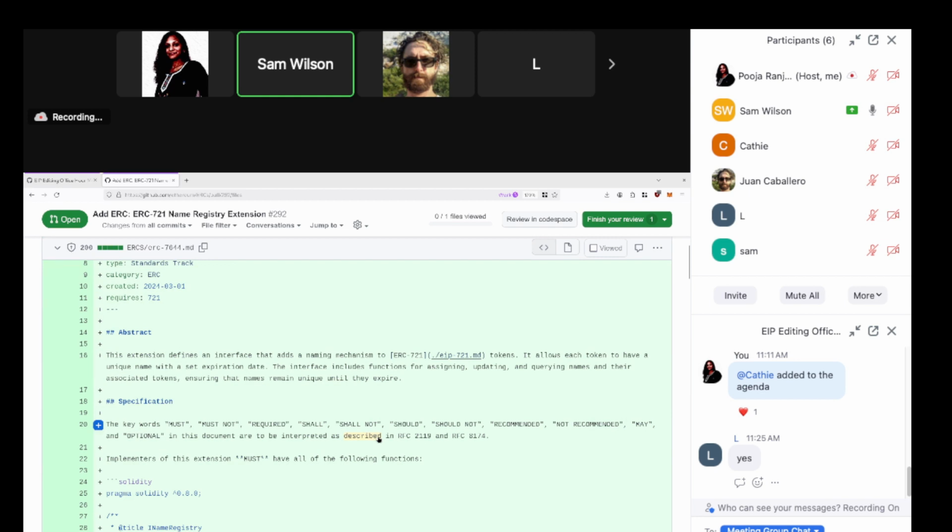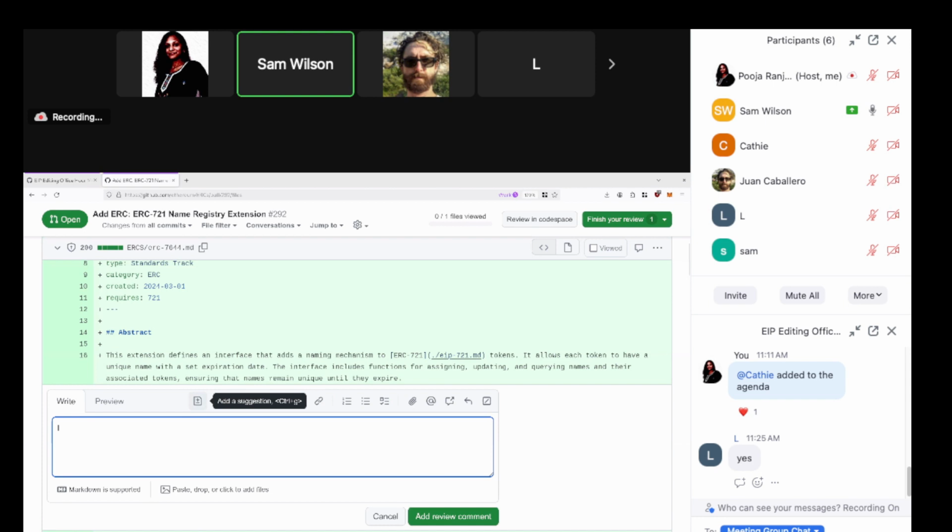This extension defines an interface that adds a naming mechanism to ERC721 tokens. It allows each token to have a unique name with a set expiration date. The interface includes functions for assigning, updating, and querying names and their associated token, ensuring names will remain unique until they expire.